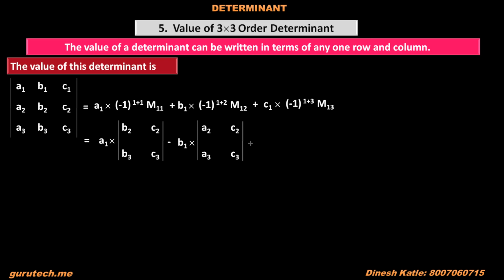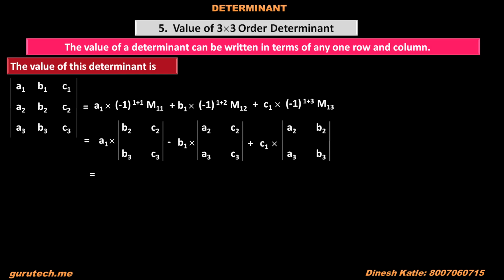In the third term, the factor minus 1 raised to 1 plus 3, that is minus 1 raised to 4, becomes positive. So third term is positive plus C1 into its minor M13, that is determinant A2, B2, A3, B3.